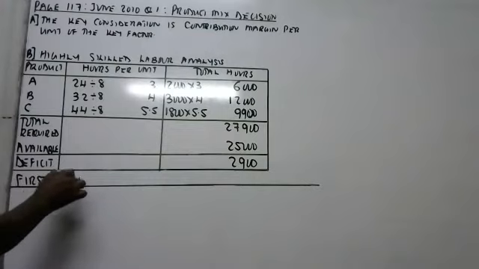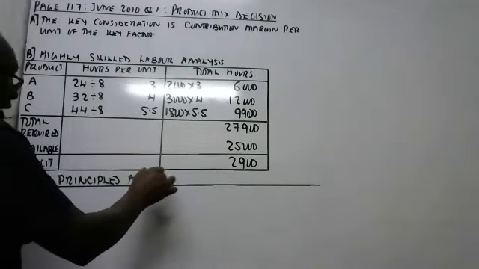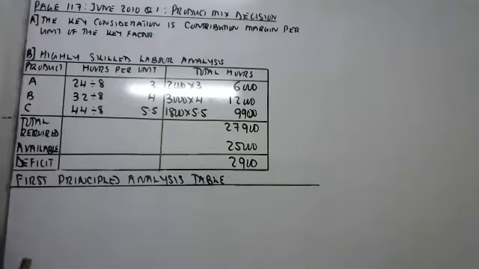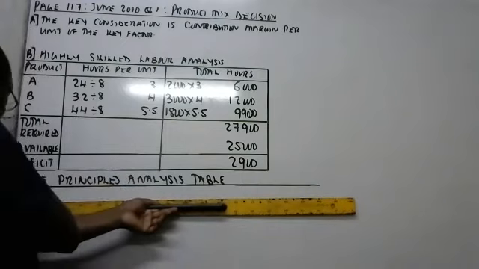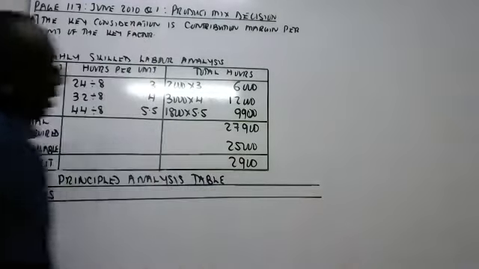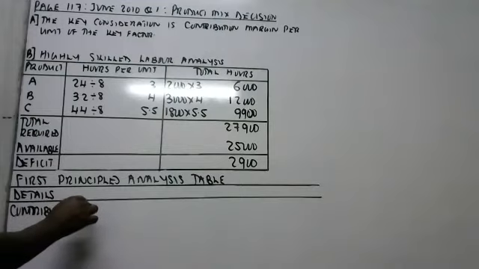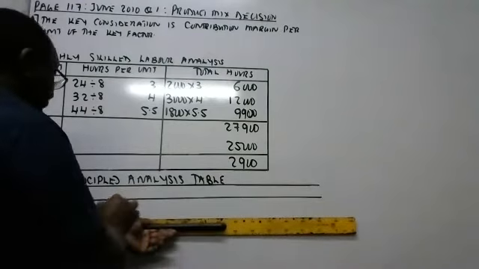It has a column called details. There is another row called contribution margin.